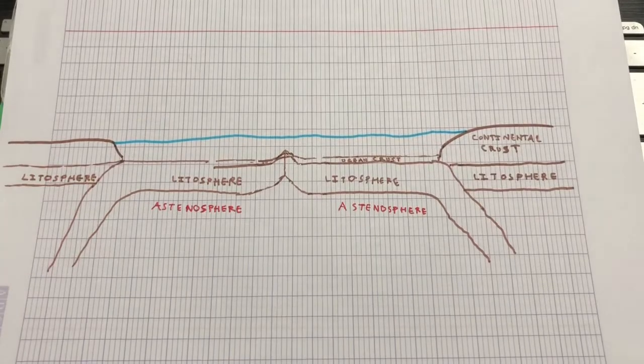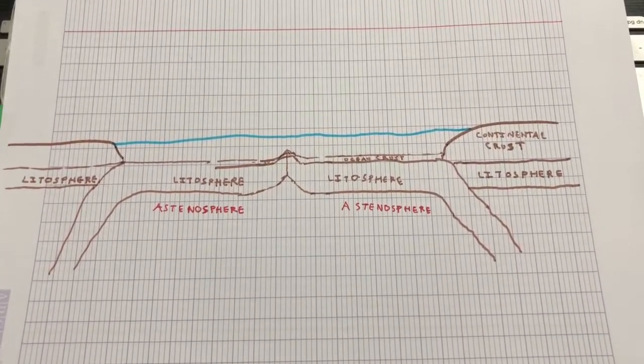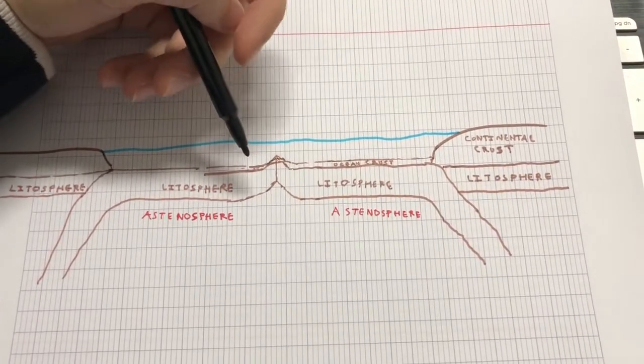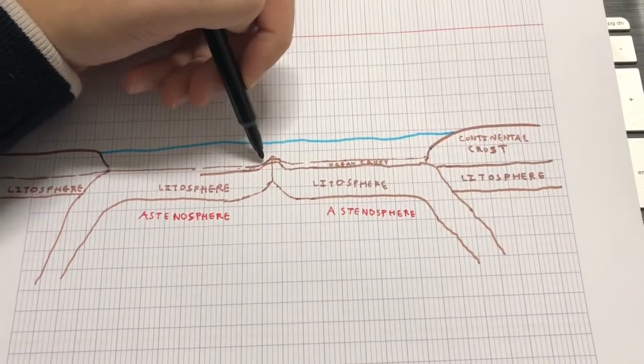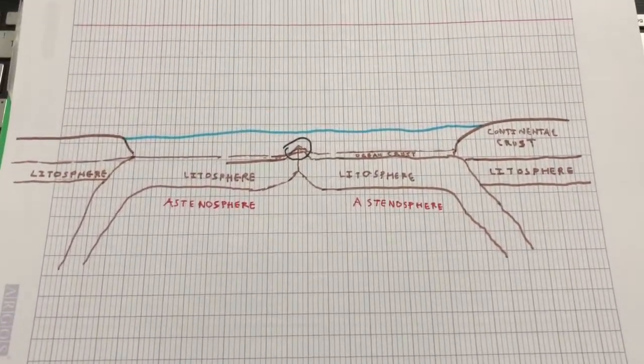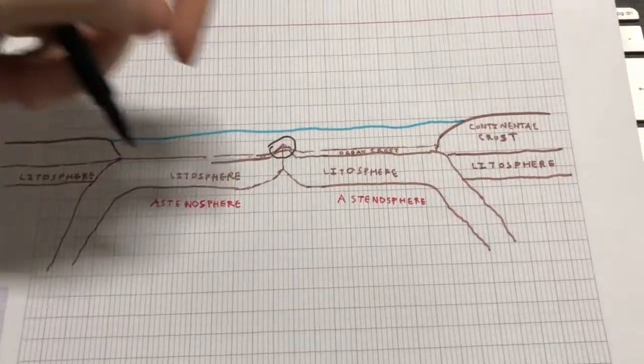Now let's study the movements of the tectonic plates. We have a divergent boundary just right here. It's an ocean spreading ridge.